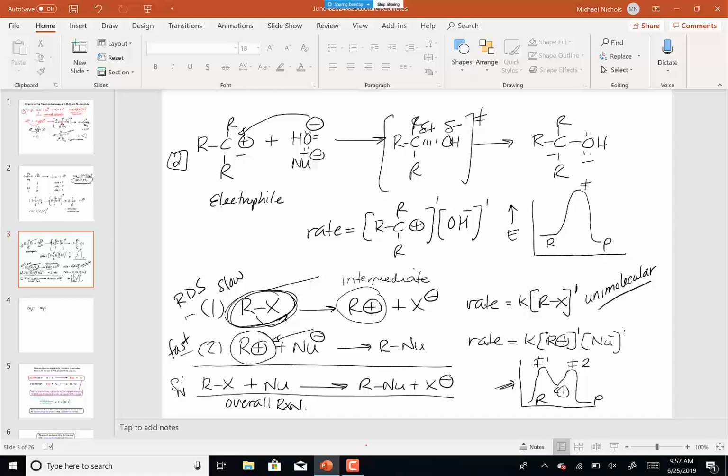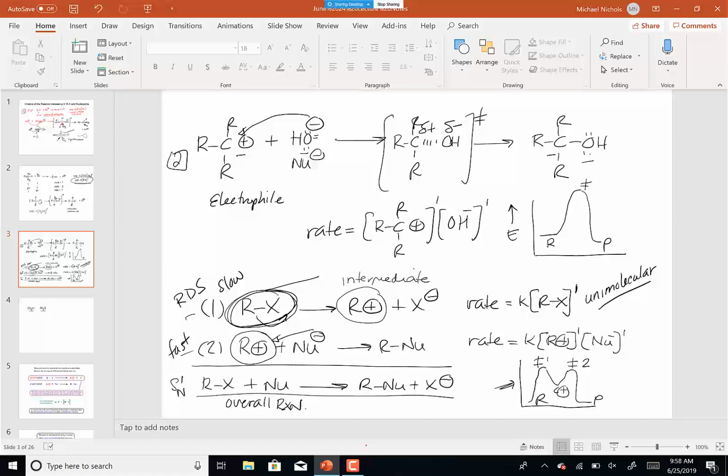Does the reaction go? And now the answer could be, yeah, it still goes, but it might go by an SN1 mechanism, not SN2, because I'd get the same product. And unless I measured the kinetics, I wouldn't know if it was unimolecular or bimolecular.